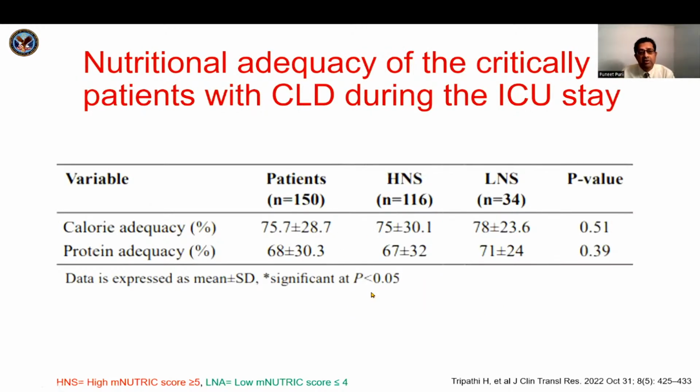When we assessed the nutritional adequacy of critically ill patients with chronic liver disease during ICU stay, both categories, high NUTRIC and low NUTRIC, had comparable caloric adequacy as seen here. No significant difference in caloric or protein delivery was noted.